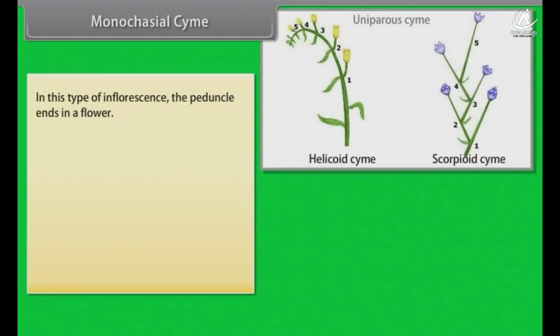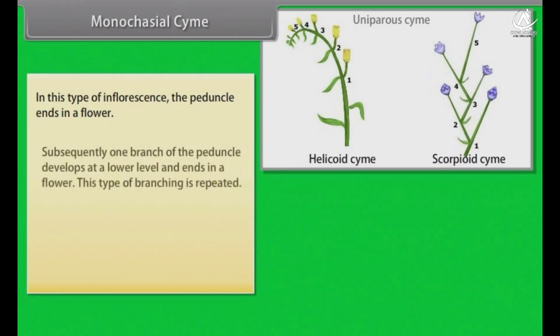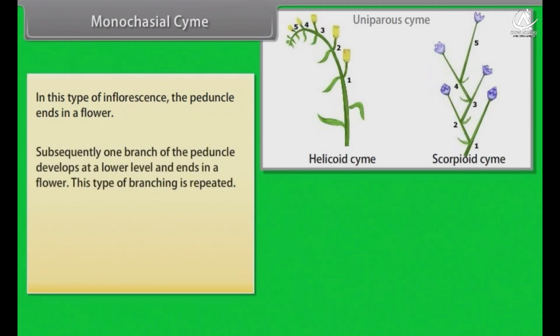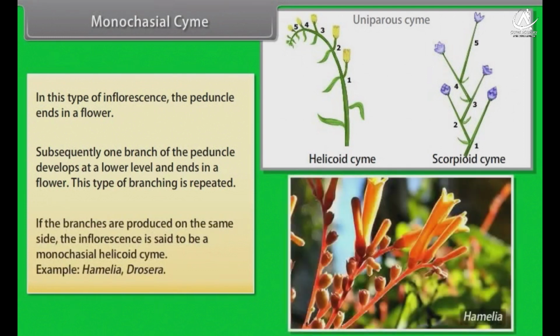Monochasial Cyme. In this type of inflorescence, the peduncle ends in a flower. Subsequently, one branch of the peduncle develops at a lower level and ends in a flower. This type of branching is repeated. If the branches are produced on the same side, the inflorescence is said to be a monochasial helicoid cyme.